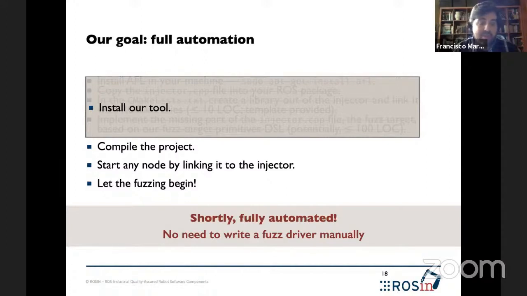Once the tool is installed, it will just require compiling the project and starting any node by linking it to the injector. The important bit here about automation is that we free the user from writing a fuzz driver manually.